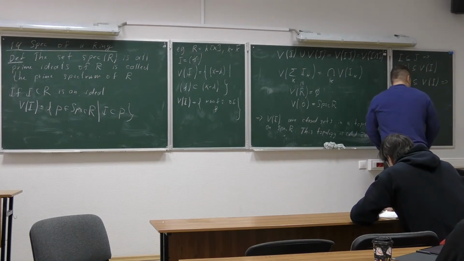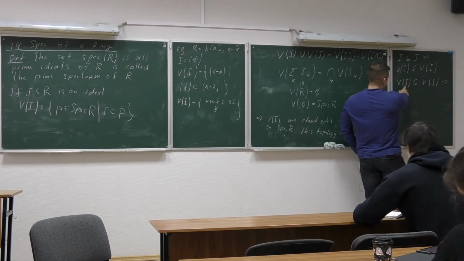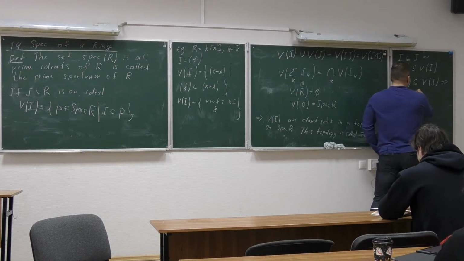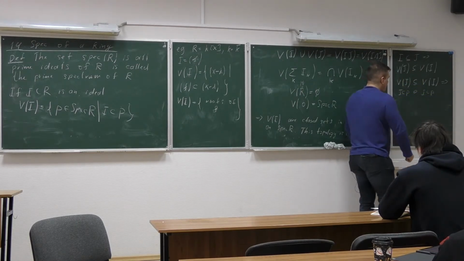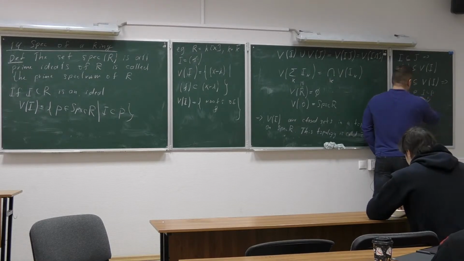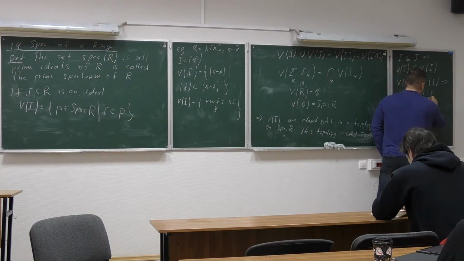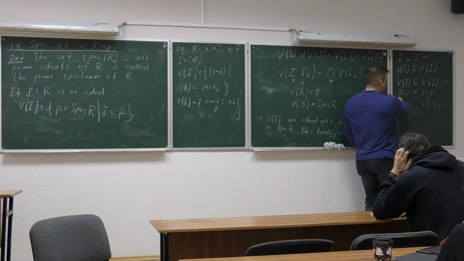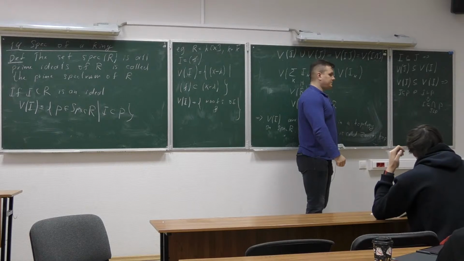Yeah, so let's see. For example, if I take a prime ideal from the left hand side, so J is contained in P, I know that this implies that I is contained in P, right? But if this is true for any prime ideal that satisfies this first property, it means that I is contained in the intersection of all prime ideals containing J, because this is true for any prime ideal with the condition that J is in this prime ideal.